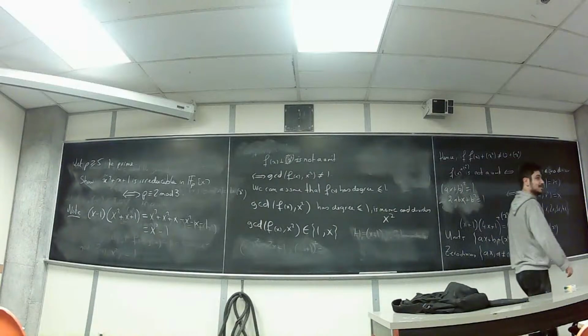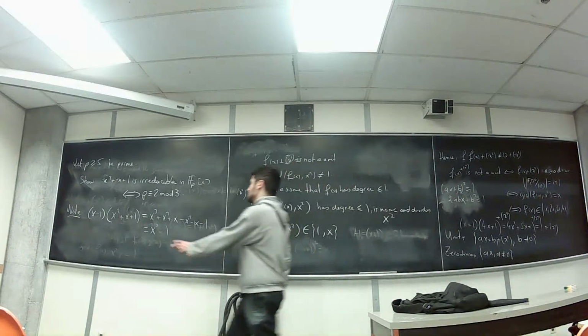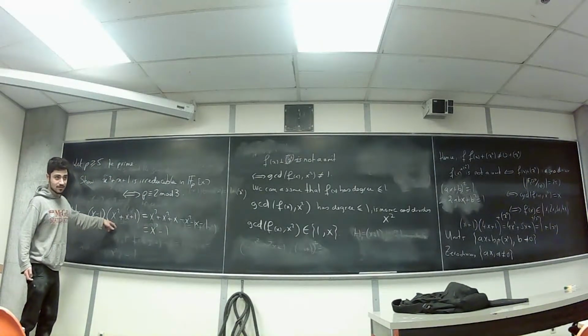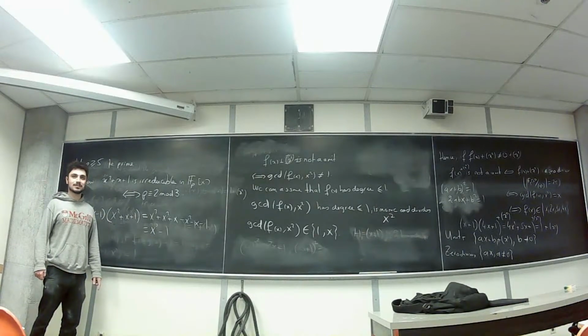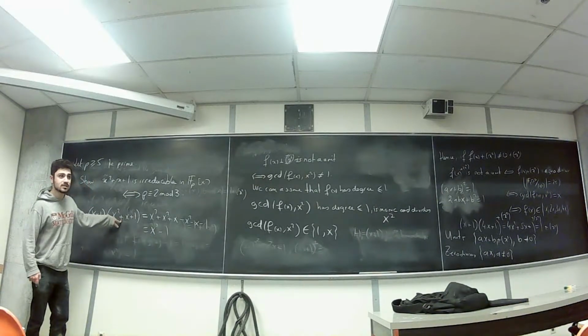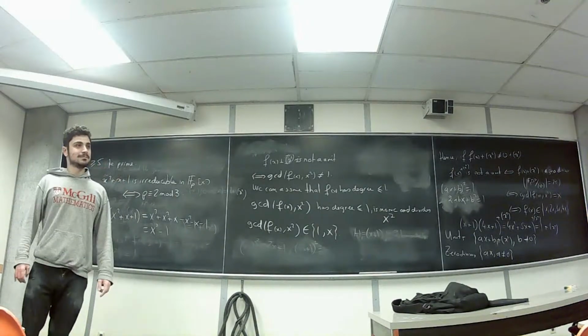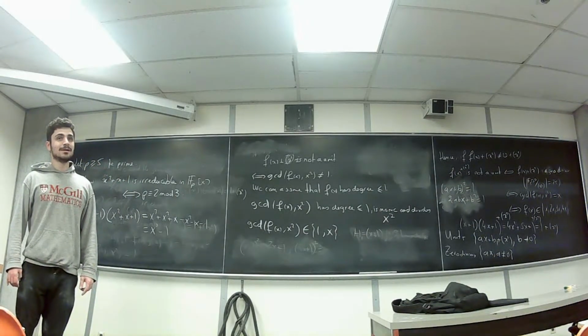That's nice, right? So if you have a root of this, A, it must be non-zero, right? And it must satisfy A cubed is equal to 1. So any root of this is an element of order 3 in FP star. Yeah?